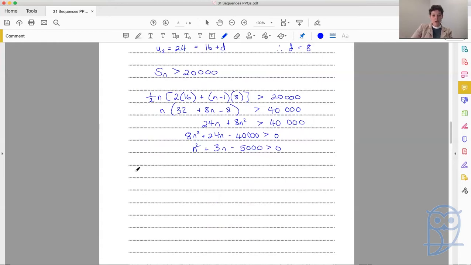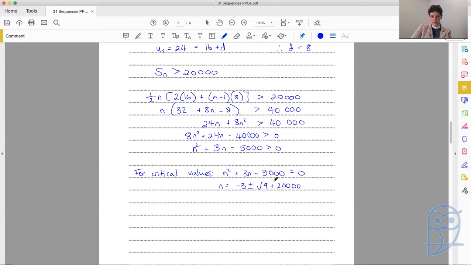So we then have to go for critical values. n squared plus 3n minus 5,000 equals 0. Factors of 5,000 which subtract to 3, I'm not even going to go there. So n equals minus b plus or minus the square root of b squared, which is 9, minus 4ac, 4 times 5,000, plus 20,000.